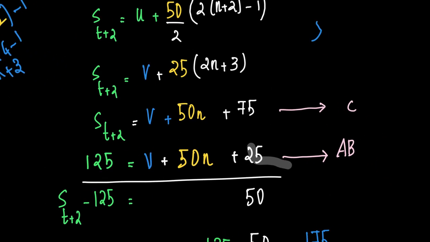My bad, this is not BC, it should instead be OC and OB. So for OC, we have the equation S(n plus 2) is equal to u plus 50n plus 75. And for OB, this is 125 equal to u. Wait, another mistake here. It's not v. It should be u.